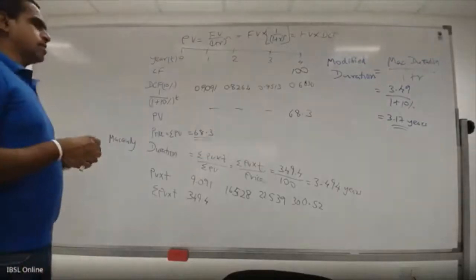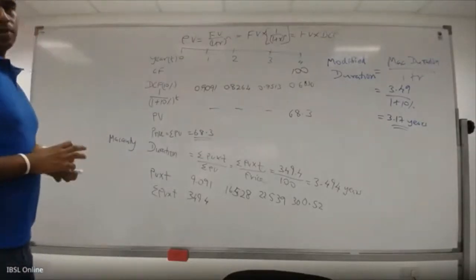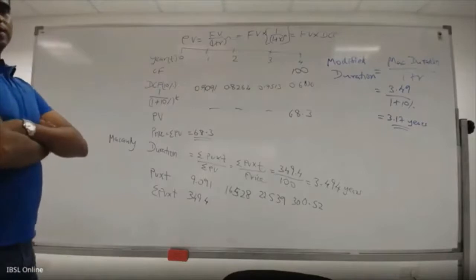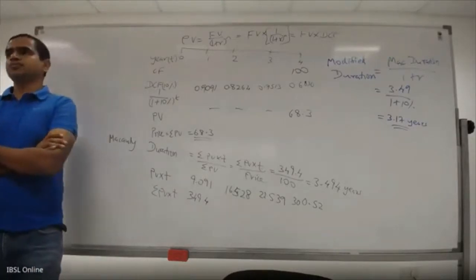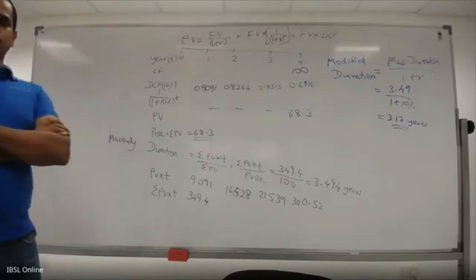So this bond is trading at a discount. Remember, zero coupon bonds will always trade at a discount, right? Because the coupon is zero, yield is always higher than zero. They will always trade at a discount.